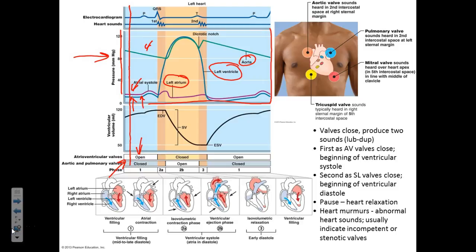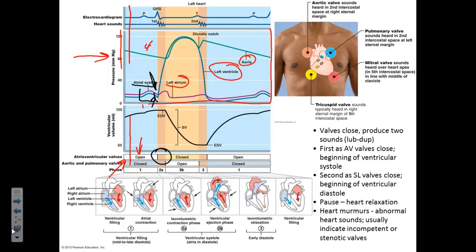Okay? Then atria contract, atrial systole, and that causes the buildup of the blood pressure in the ventricle. Does that make sense? So ventricular blood pressure, the moment it becomes higher than the atrial, it causes the closure of a valve. Okay?